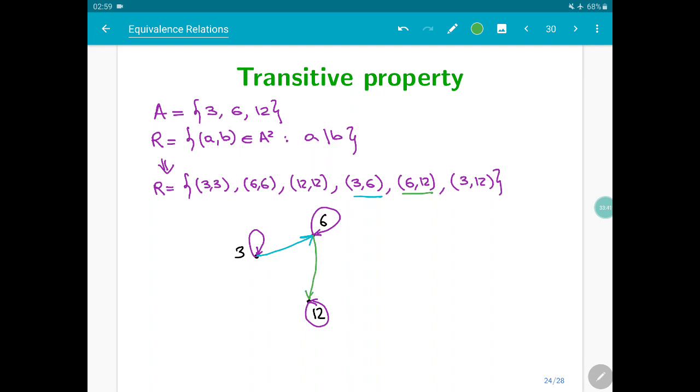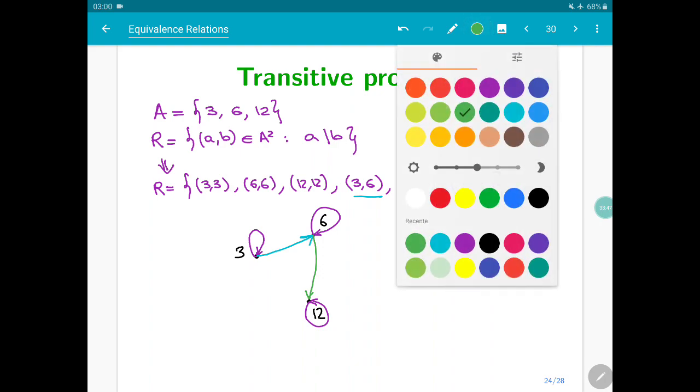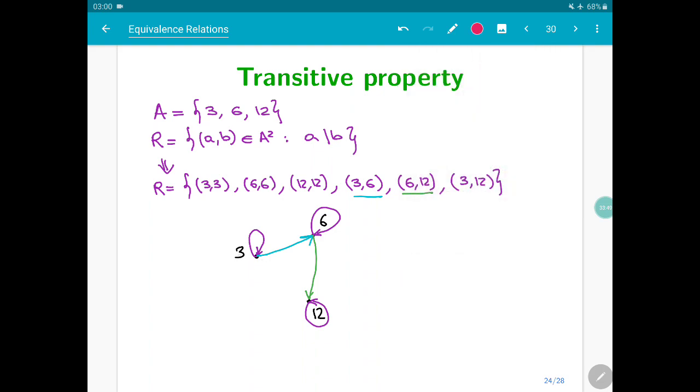And now, whenever I have an edge from 3 to 6 and from 6 to 12, I will have also an edge from 3 to 12 directly, okay? Which corresponds to the fact that 3,12 is in my relation.